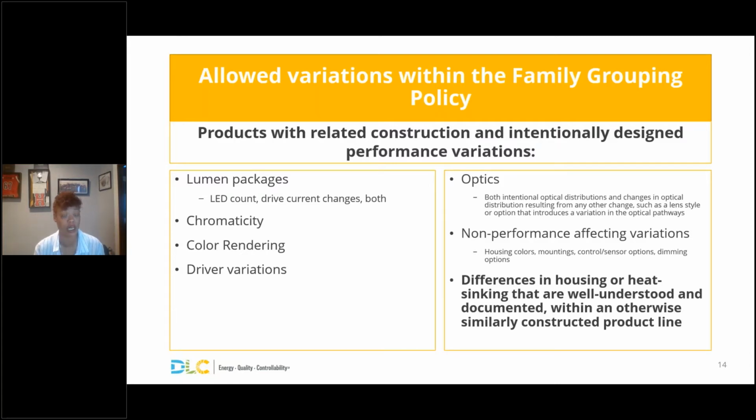Also, different variations in chromaticity and color rendering are allowed. And once again, we know that there are going to be different drivers associated with the different drive current changes of the products. So different driver variations are also allowed. That may mean different wattages and different inputs to those drivers.